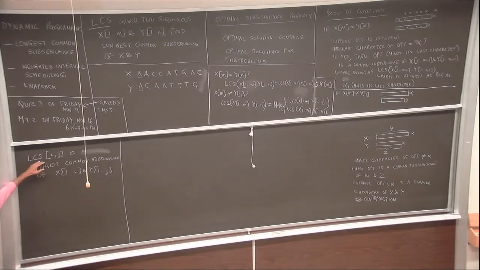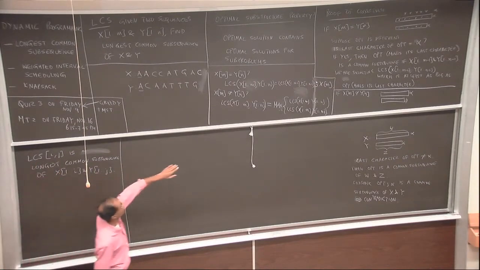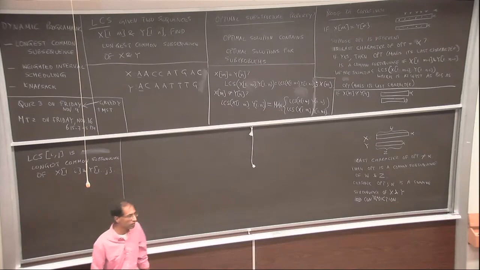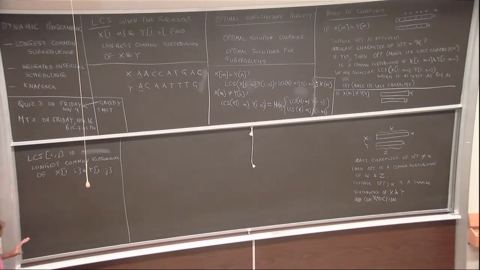Okay? LCS ij. Let me define this to be the longest common subsequence of x 1 through i and y 1 through j. Okay? So notice the notation. I'm changing the notation from here so that I'm not putting x and y inside. So I'm making it simpler, just easier to handle.